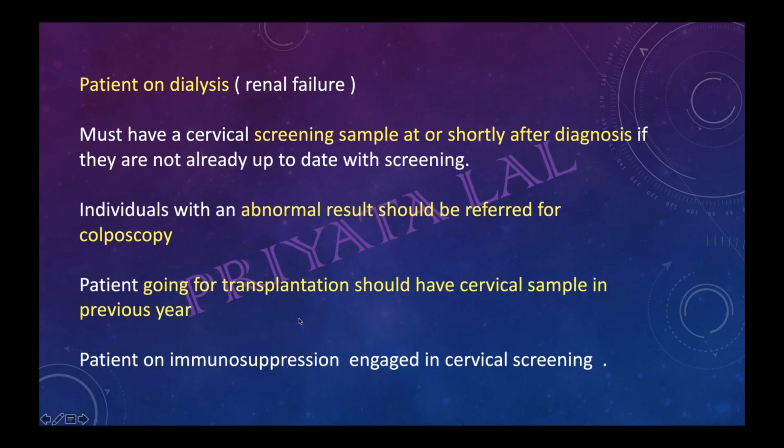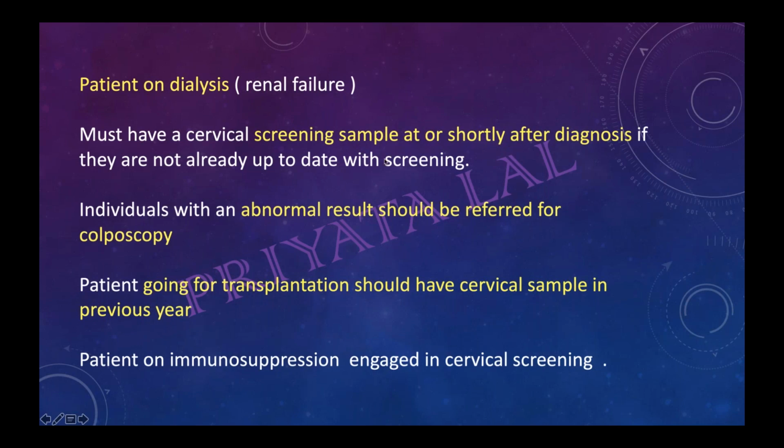Now, this is the last part of the guideline. If the patient has renal failure, or is on dialysis, the patient should have a screening sample at the diagnosis of renal failure, or shortly after diagnosis.